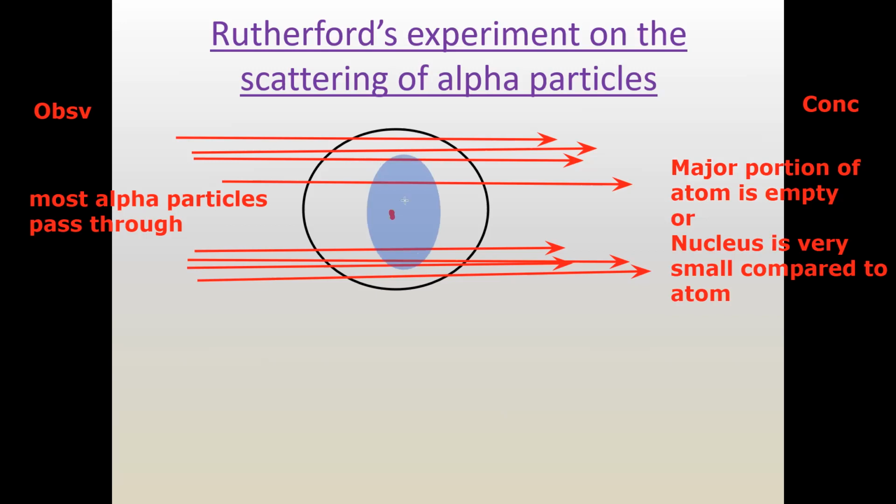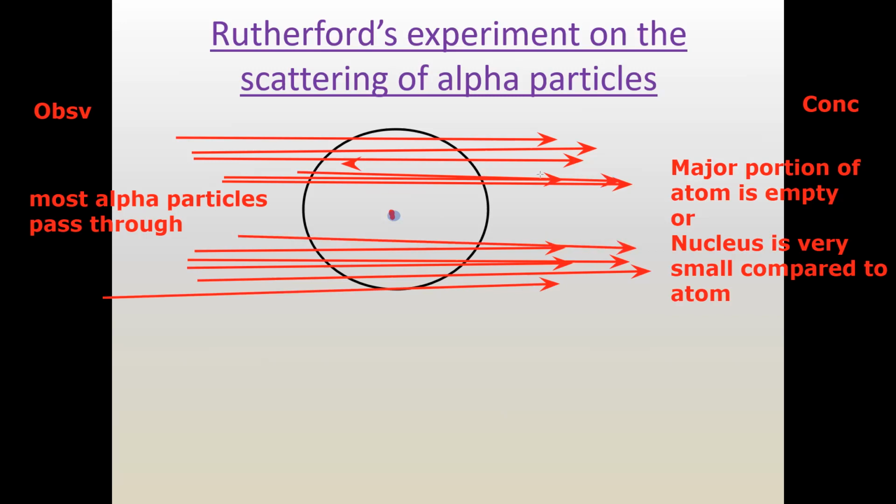But because the nucleus is very small, it is not able to stop these alpha particles, and most of the alpha particles are able to pass through the atom. So this is the first conclusion which he drew from his first observation.